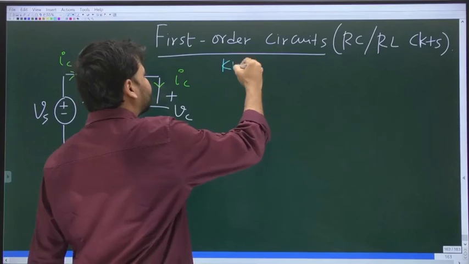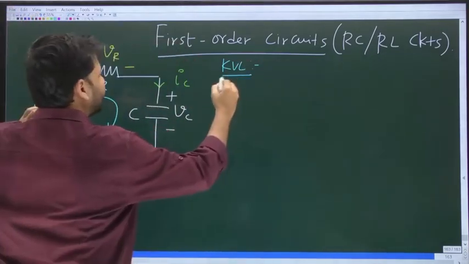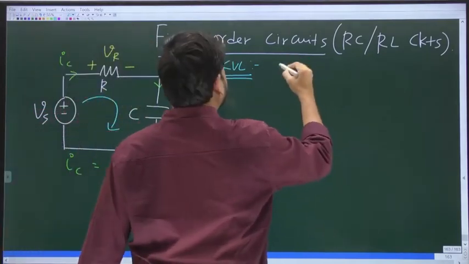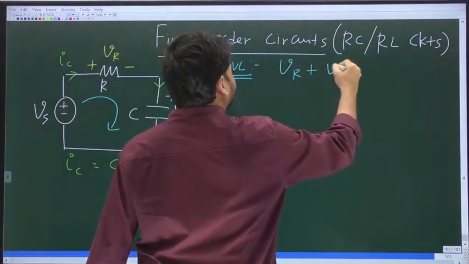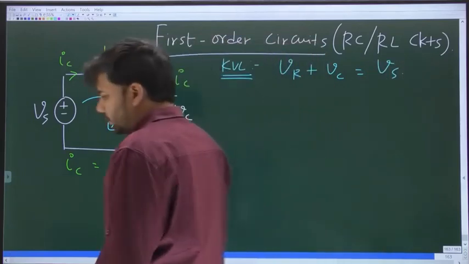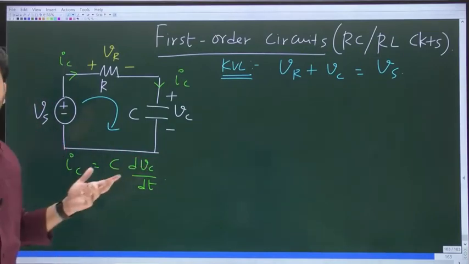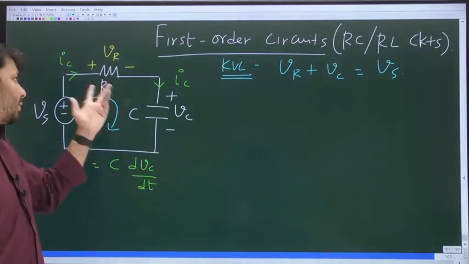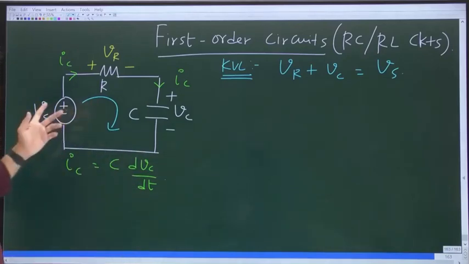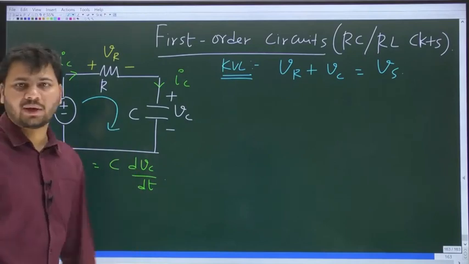So VR plus Vc equal to the applied voltage Vs. There is also some type of voltage division. The applied voltage will definitely get divided between the resistor and the capacitor. So Vs is equal to VR plus Vc.